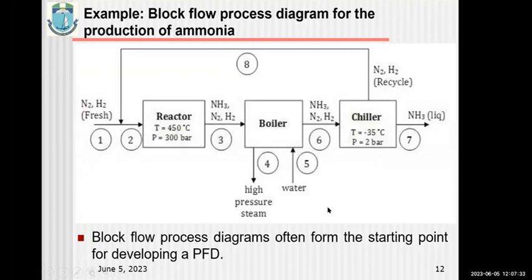So this is a typical example of a block flow diagram. You can see here, this is for the production of ammonia, and we are producing liquid ammonia.